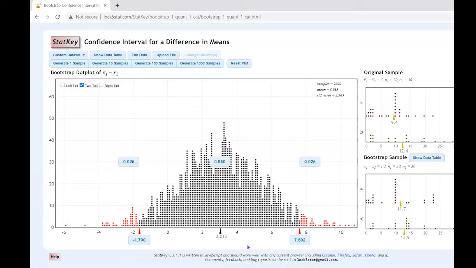So this would be like if you had a difference in means problem for your final. Let's say you wanted to see different GPA scores between males and females. If you have a negative and a positive number, it just means that the first group is this much less to this much more than the other group. Does that make a little more sense?